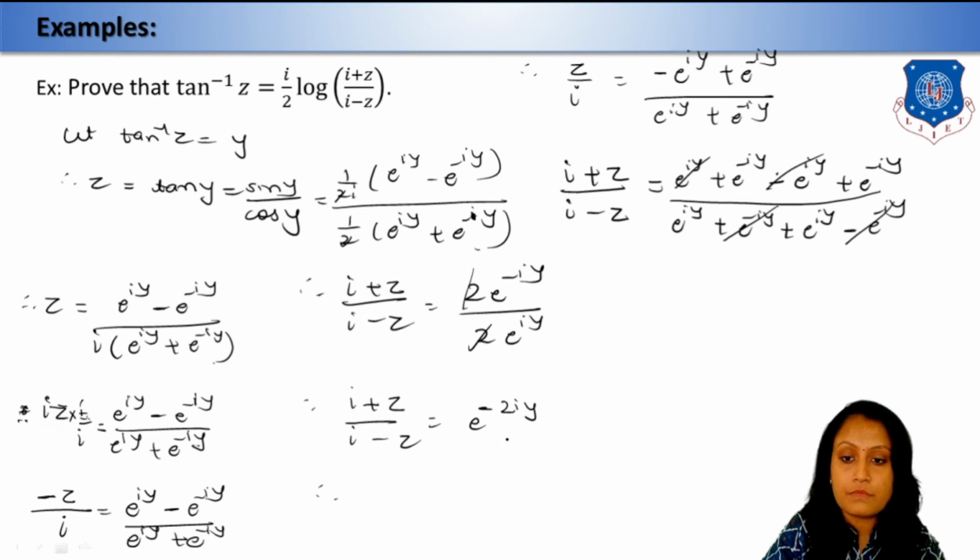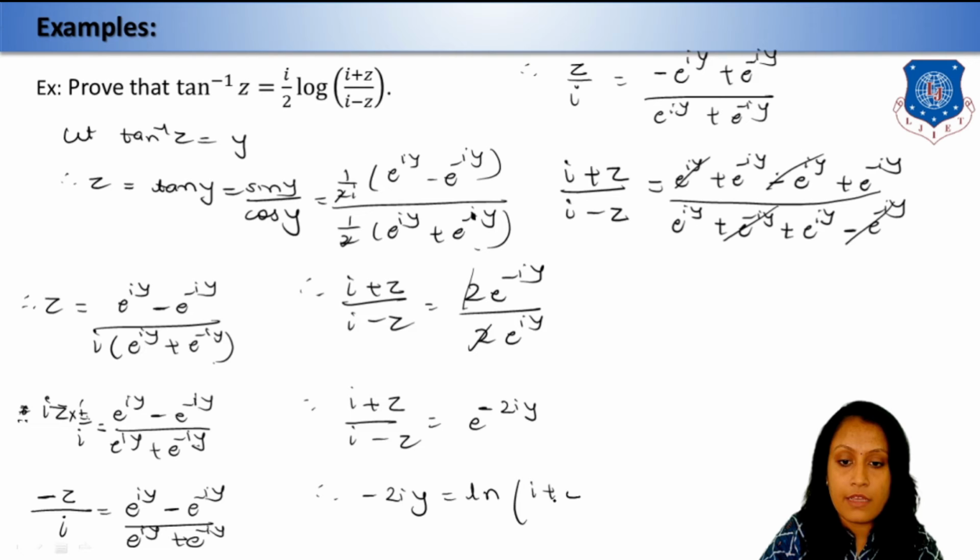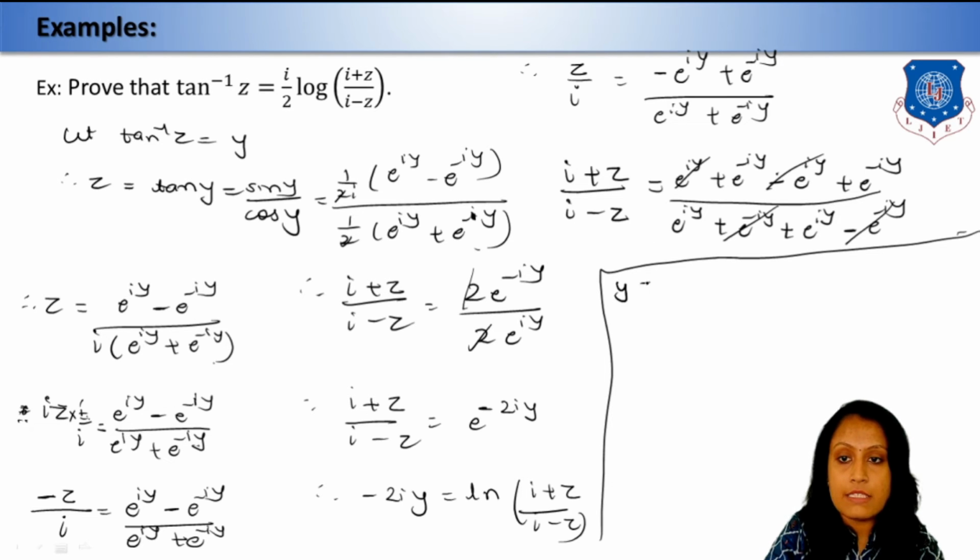From this, minus 2iy is equal to ln (i plus z) upon (i minus z). Make y the subject. So y is equal to tan inverse z.